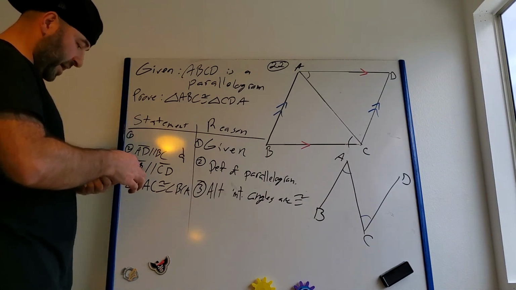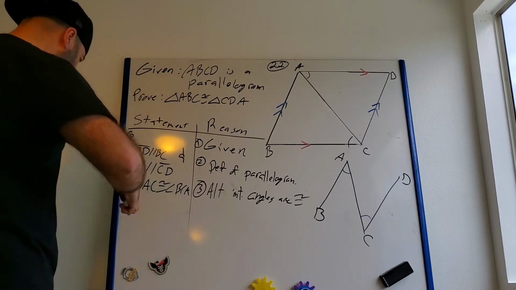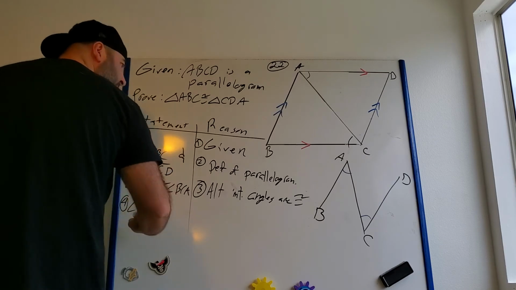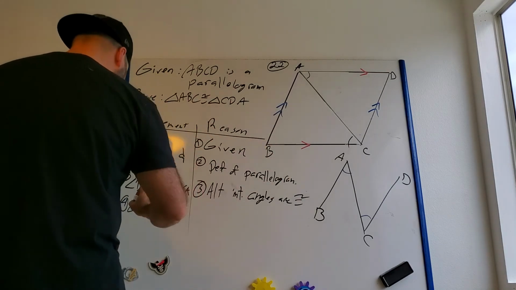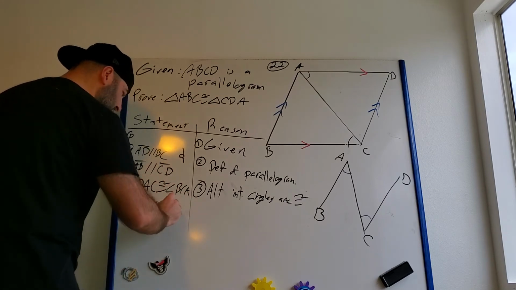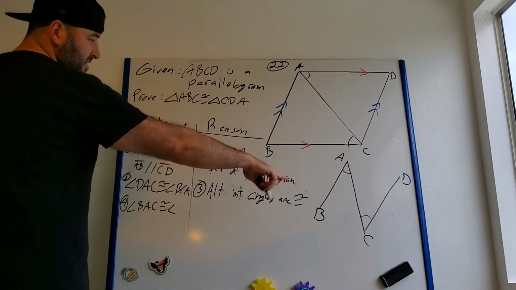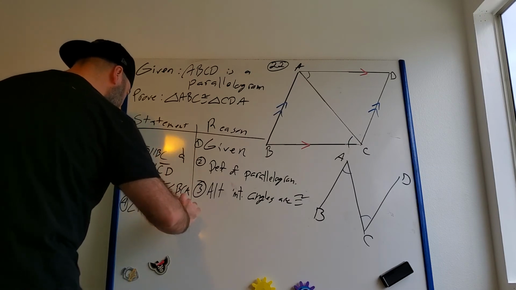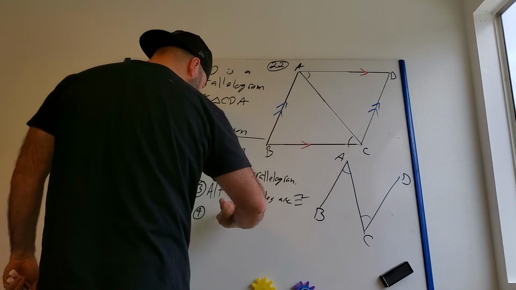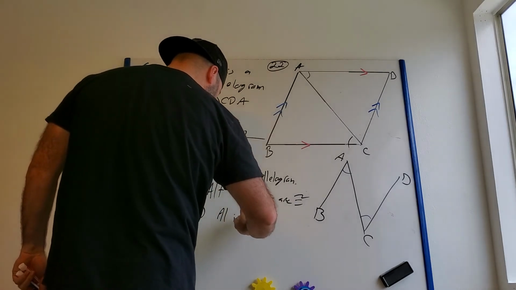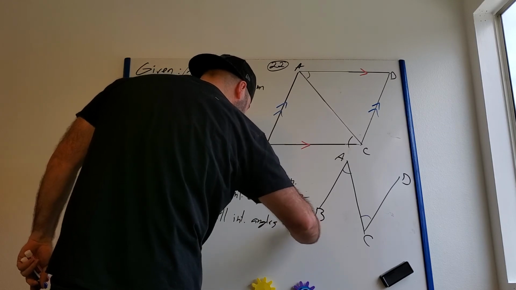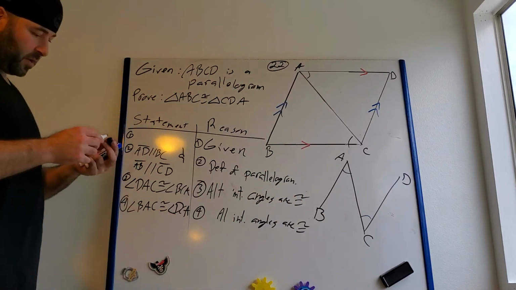Okay, so now I get to say that angle BAC is congruent to angle DCA. And same reason. So alternate interior angles are congruent.